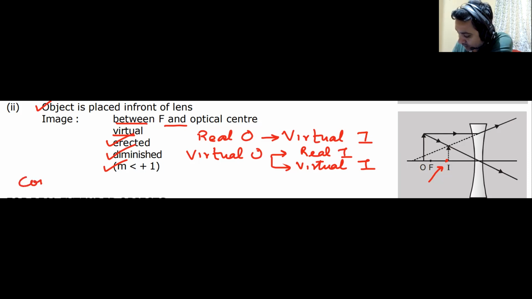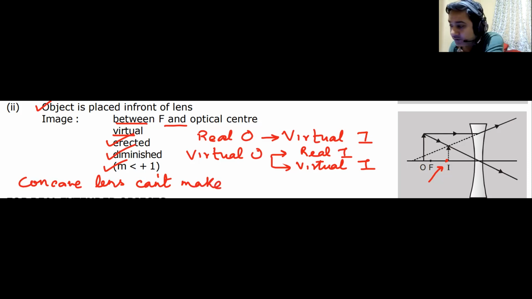A concave lens cannot form... a concave lens cannot make what?